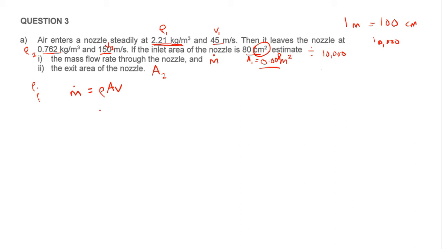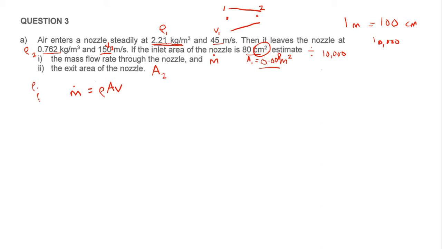Okay, you have your rho. You can choose either one. Let's say this is a nozzle. You can draw it to make it clearer. One enters and one leaves, so this is point 1, that's the second point. They ask you to find the mass flow rate through the nozzle, so you can choose at any location, whether at 1 or 2.